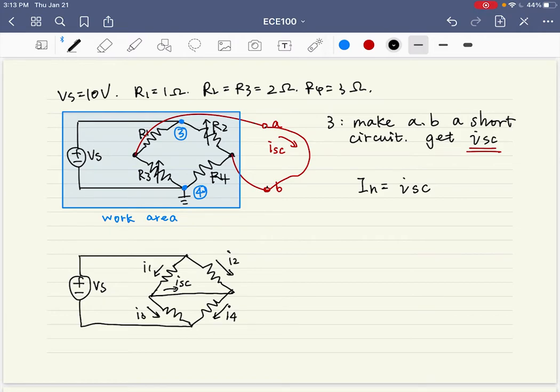And let's use node voltage. Oh, sorry. One thing to know is that even though A and B are equivalent because they are on the same ideal conductor, you are trying to compute the current flowing on the conductor, right? So you can't merge them into one point, okay?